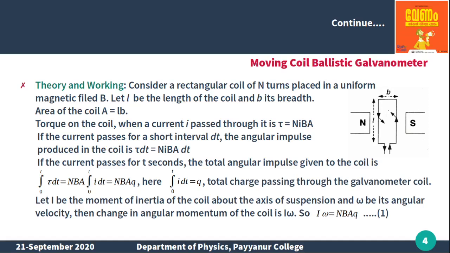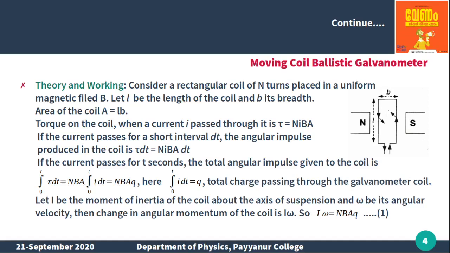How we got that total angular impulse in terms of change in angular momentum of the coil: because that coil is getting an angular impulse, it will twist, it will experience a torque. So torque into dt, we can relate to a change in angular momentum of the coil. That change in angular momentum, I omega, will always be equal to NBAQ.